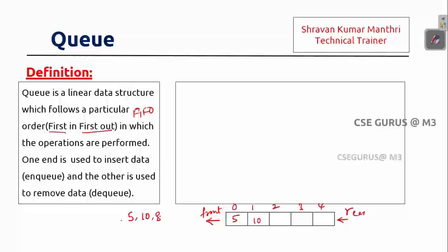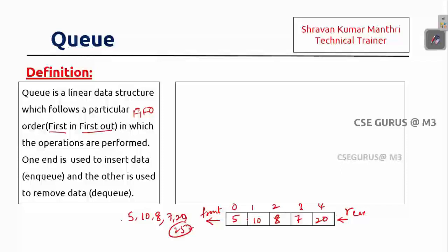Now I want to insert 8, so one by one you check, and 8 will be inserted here. Maybe you want to insert 7, you can insert it here. Maybe you want to insert 20, you can insert it from the rear. Now can you insert one more element next? No. Why? Because the queue is of size 5 only, and you inserted all 5 elements, so now you cannot insert. That is called queue overflow.